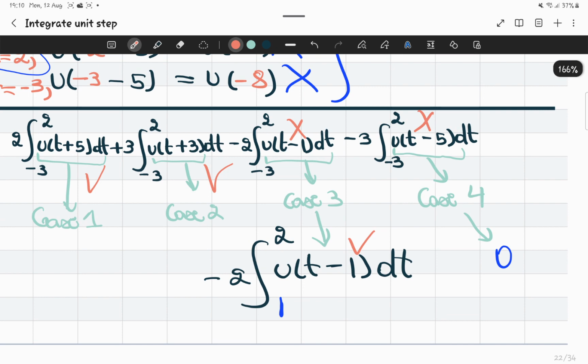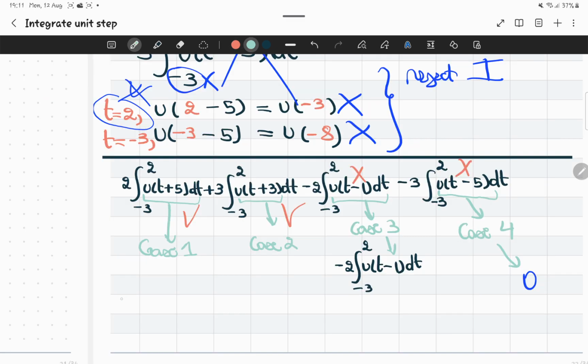So now I have to write the final integral. It's going to be case 1, case 2, and case 3 only. Okay, so now this is what you're going to have for our final equation.